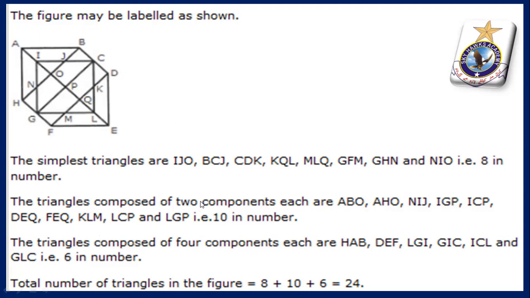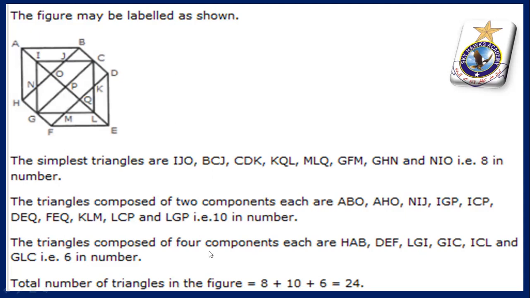Then triangles made of two components, two triangles making ABO. You can see this ABO. This consists of one triangle and this area also, so consisting of two components. These are 10 in total, 10 triangles composed of 2 elements.